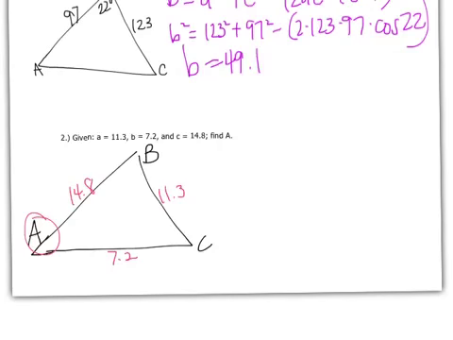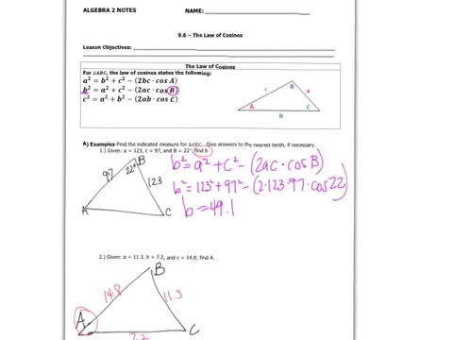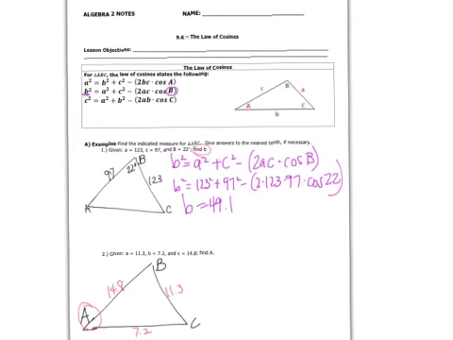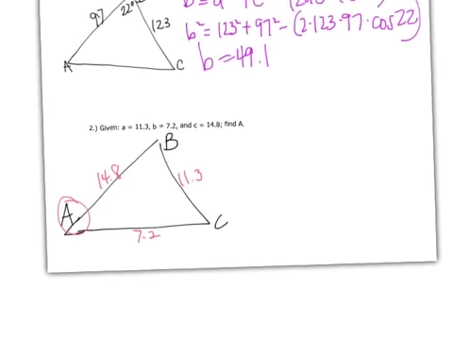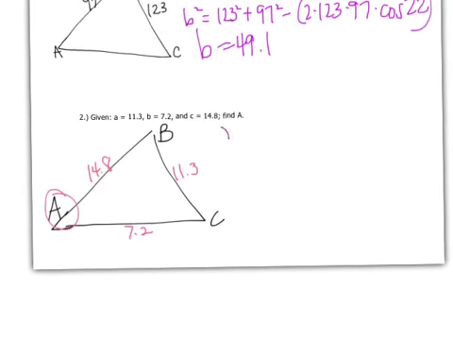Which of our, ladies and gentlemen, which of our three law of cosines do you think we should use for this example? The a squared. And why? Because we're looking for angle A, so let's use that first one. So I'm going to start, of course, by writing that out.